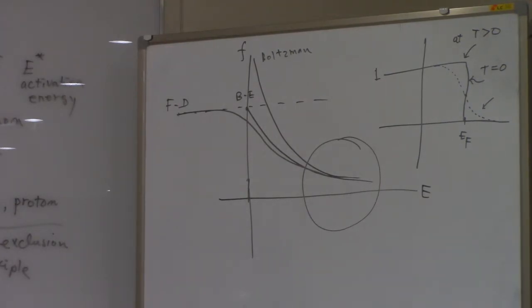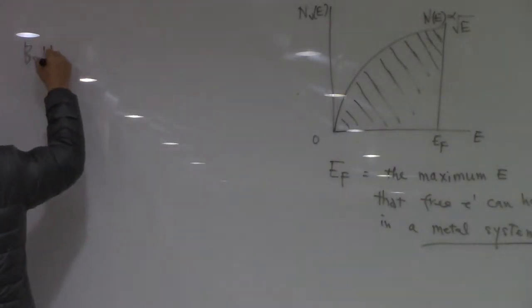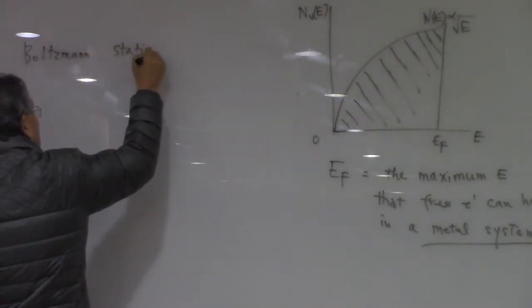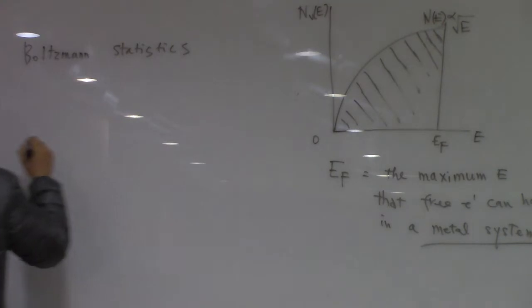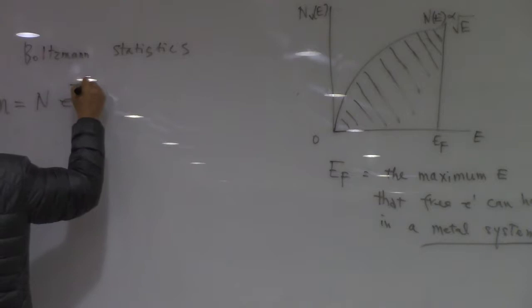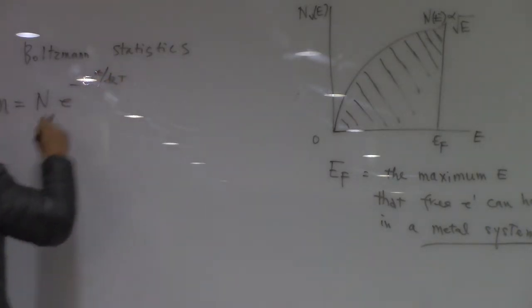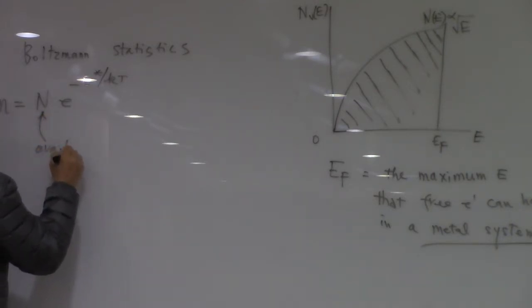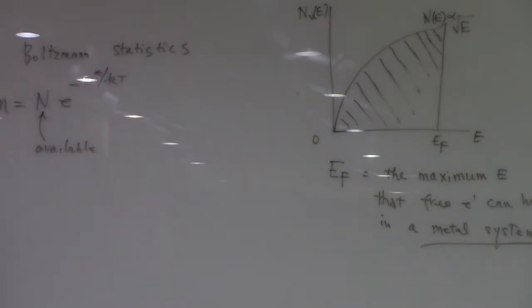So let's just talk a little bit more about the Boltzmann statistics, okay? Boltzmann statistics. Mainly, they can be written as something like this. And this N is the available state, okay?